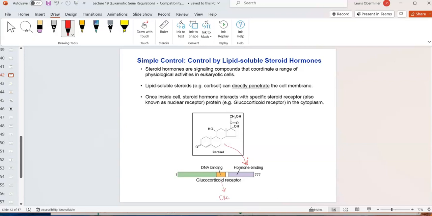And then this might be the transcriptional activating transcription factor region of it. So remember, these are lipids, steroids, so they can go through the cell membrane.